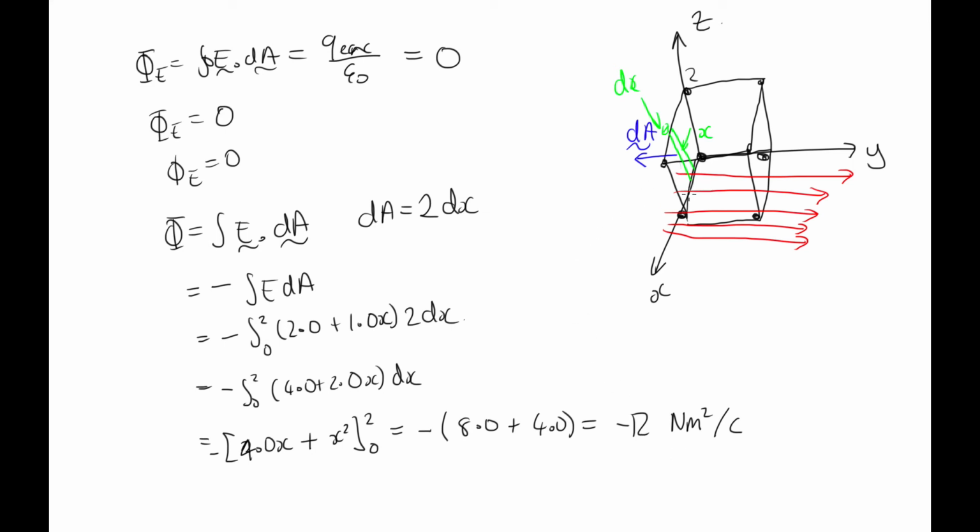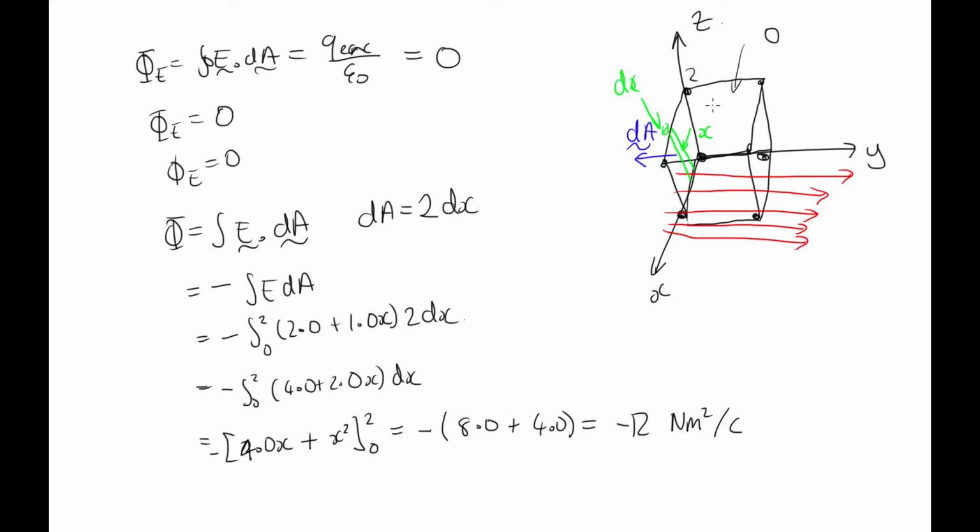Okay, so we've done 3 of the sides. The next side it asked us for was (0,0,2), then (2,0,2), then (2,2,2), and finally (0,2,2). So this top side here, that's also 0 because the electric field lines are parallel.